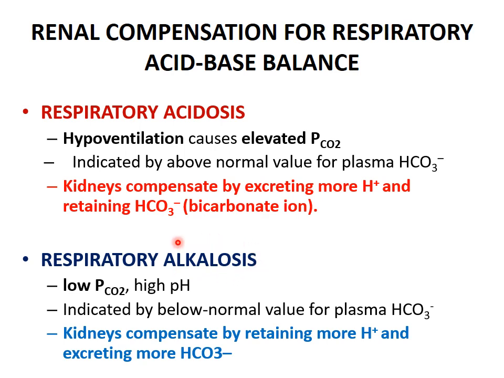So we need to remove that amount of bicarbonate. So you can see that kidney will be excreting so much bicarbonate, at the same time retaining the H plus. So H plus secretion reduces and bicarbonate secretion increases. That is the kind of compensatory role of the kidney towards the preservation of the acid-base balance.